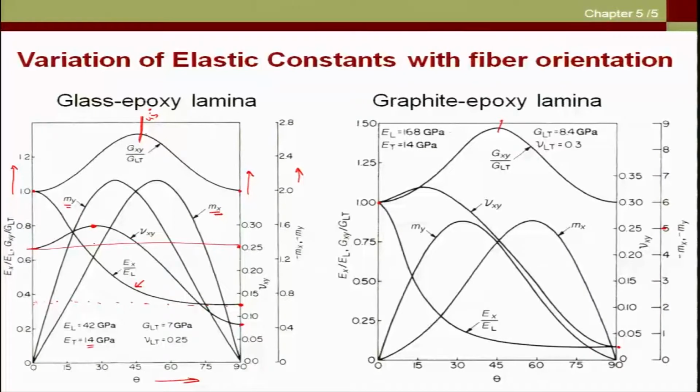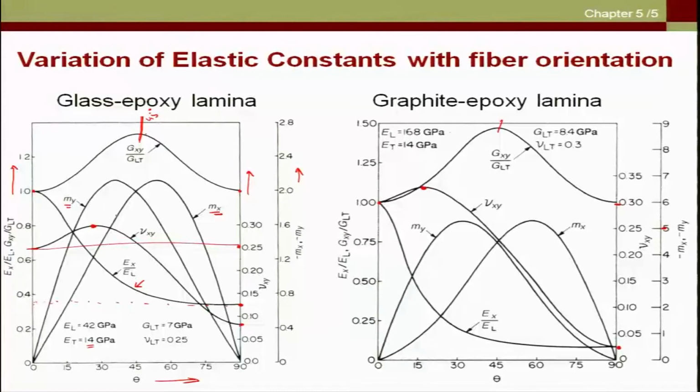For graphite epoxy, let us again look at it, and we see that it again starts from 0.3, this is the starting point, and the Poisson ratio keeps on decreasing, and it is pretty small at around 0.025 at 90 degrees, but it maximizes at around 15 degrees for graphite epoxy lamina.